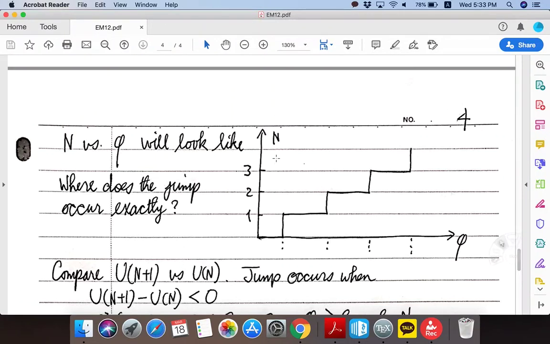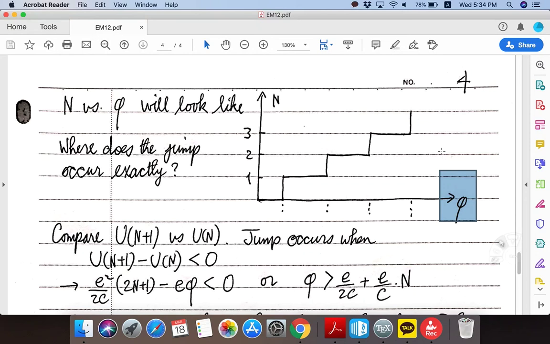So the way that n increases as a function of this potential will be like a step. It will stay at zero for a little while and then suddenly jump to one, stay there for a little while, then suddenly jump to two, then jump to three, and so on.